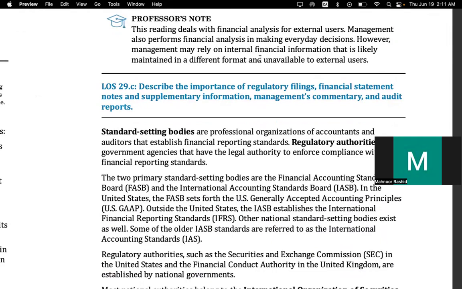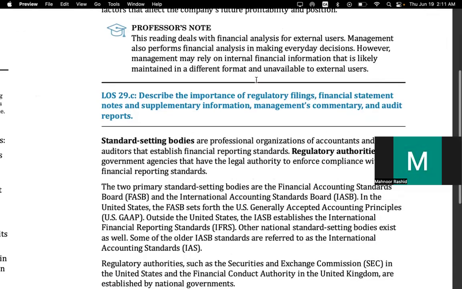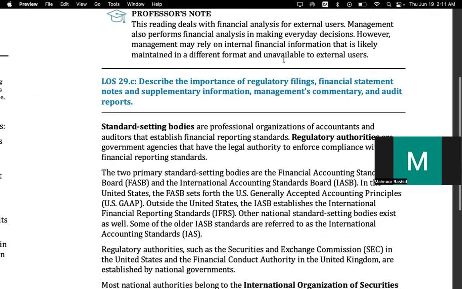However, management has the advantage of internal financial information that is unavailable to the rest of the world or the external users. If I'm an external analyst, right? I don't work for the company, I'm not an insider. Then the information that I have access to in order to make my financial decisions is very different from the information that management or people who work within the company have.